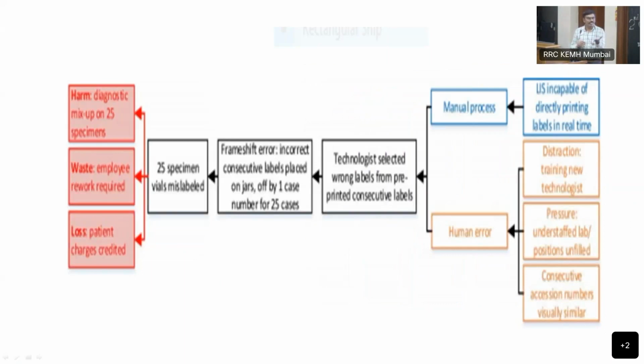What are you doing? It's a lab, another lab. Do you have any sense? Don't you have seriousness? All those things. And this is only because of one single mistake. So we asked why. Why did this happen? Then they came to know that the technician had made the mistake. Why did she make the mistake? Because real-time printing of the barcode was not available.